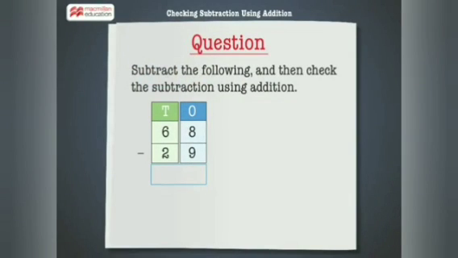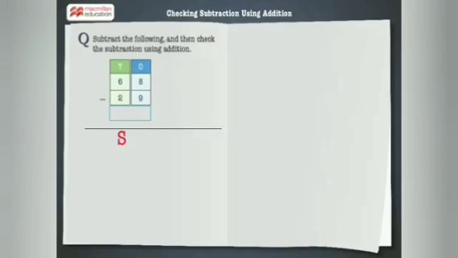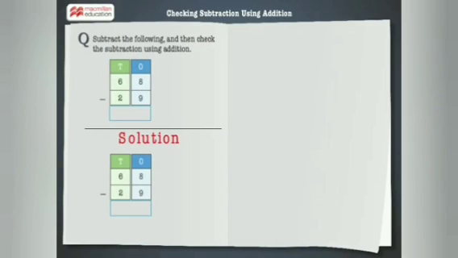Subtract the following and then check the subtraction using addition. 68 minus 29. Let's solve the problem. 68 minus 29. Subtract the digits at the ones place first.